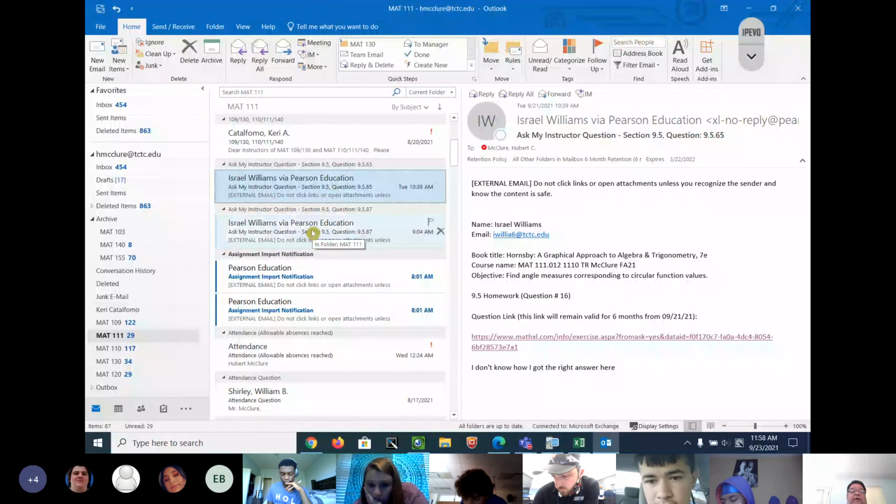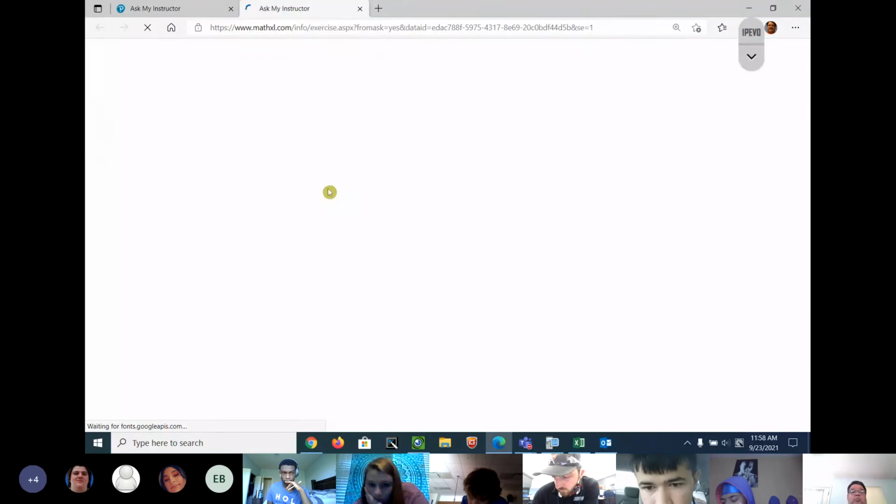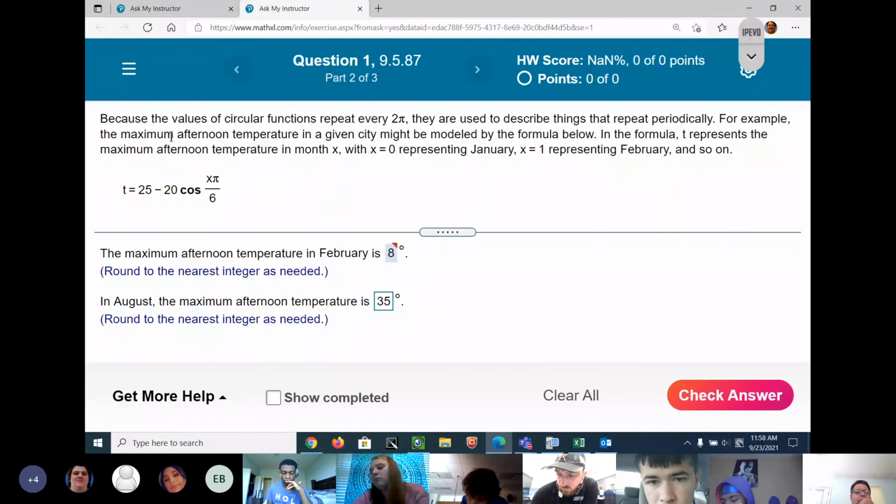Let's look at 9.5, 87/21. Because the values of circular functions repeat every 2 pi, that means revolutions, they are used to describe things that repeat periodically. For example, the maximum afternoon temperature in a given city might be modeled by the formula below.